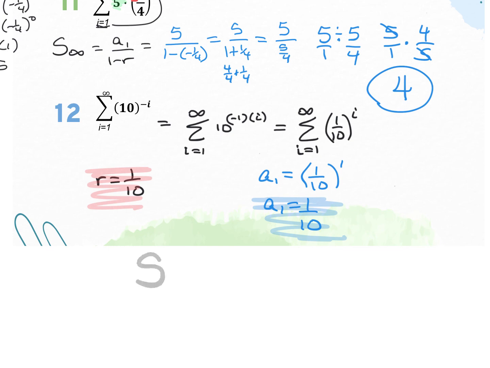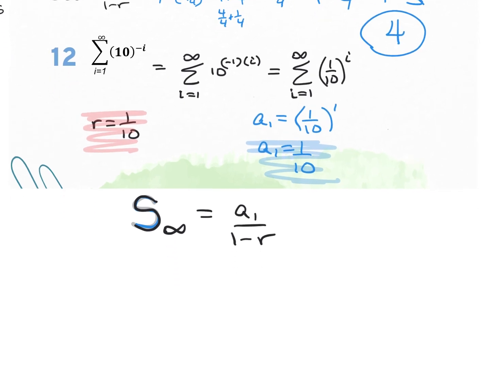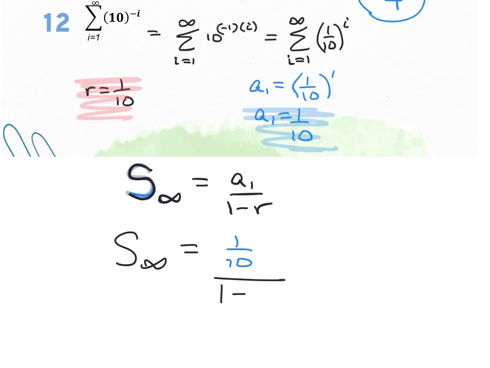Again, the formula is S sub infinity, first term divided by 1 minus R. So again, my first term is this 1/10, that's in blue, divided by 1 minus, and again, my common ratio is also 1/10.